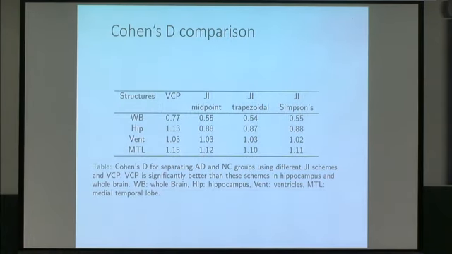I could also go to the different ways of doing Jacobian integration, and we basically get the same results. We are in the regime where the noise is so high that Simpson's rule is actually not better than midpoint or trapezoidal integration. We're getting exactly the same results here.